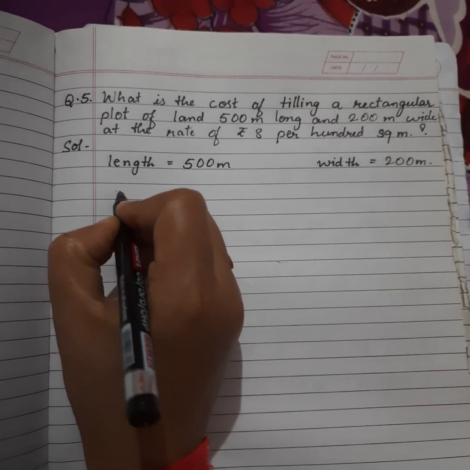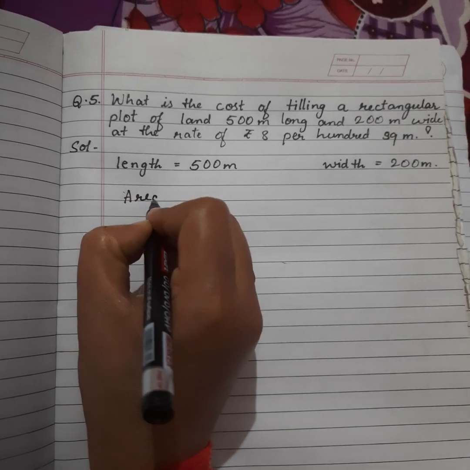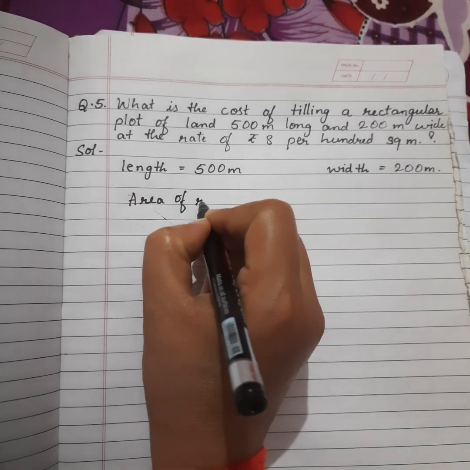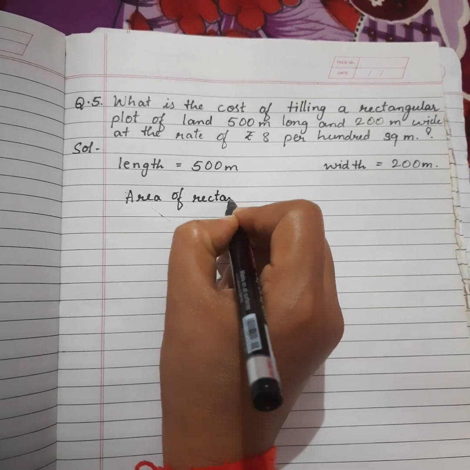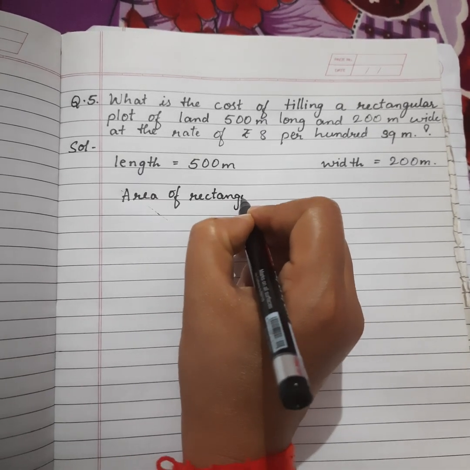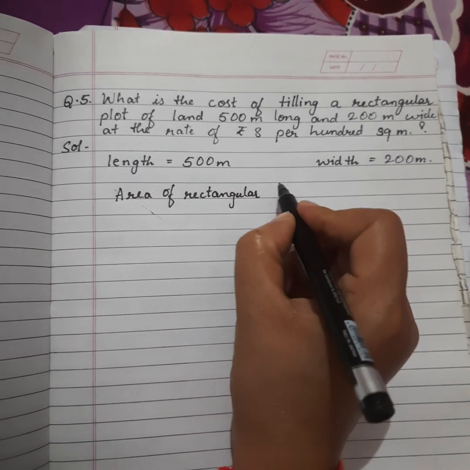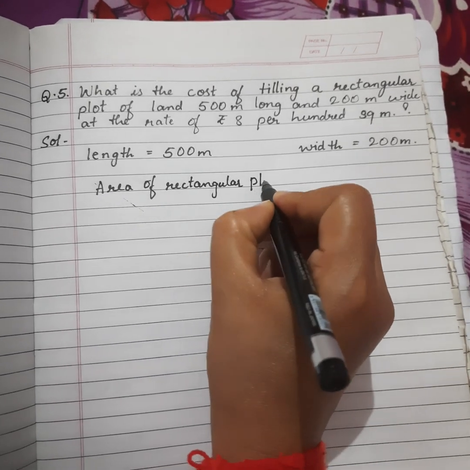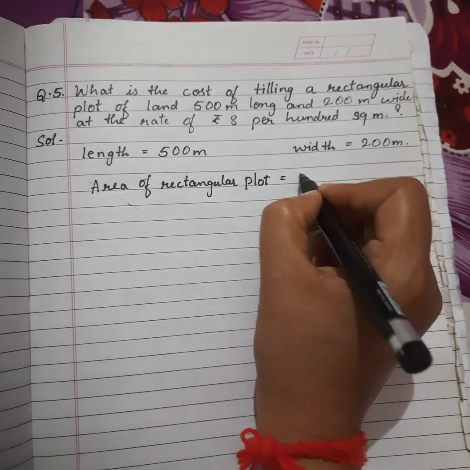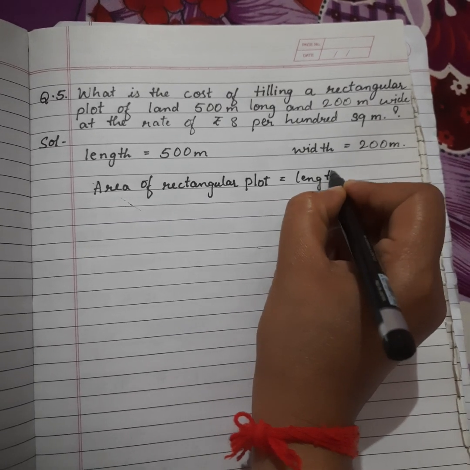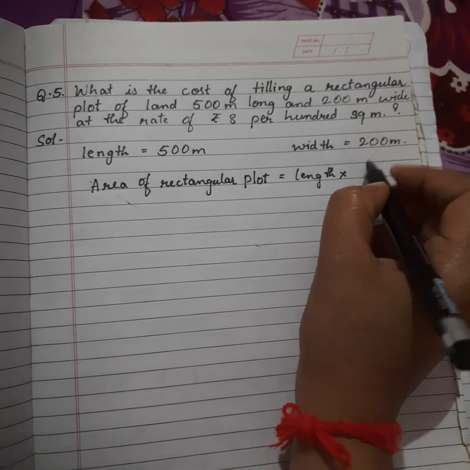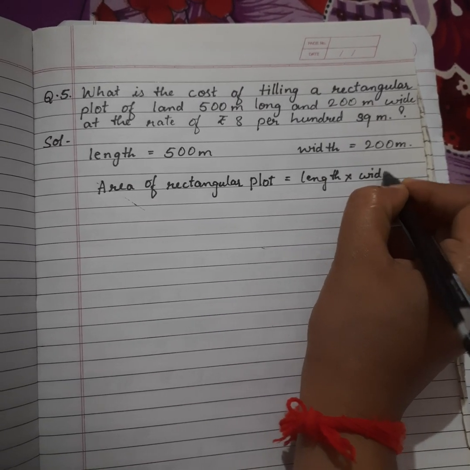So first you have to find out the area of the rectangular plot. What you have to find? Area of rectangular plot, that is length multiplied with width.